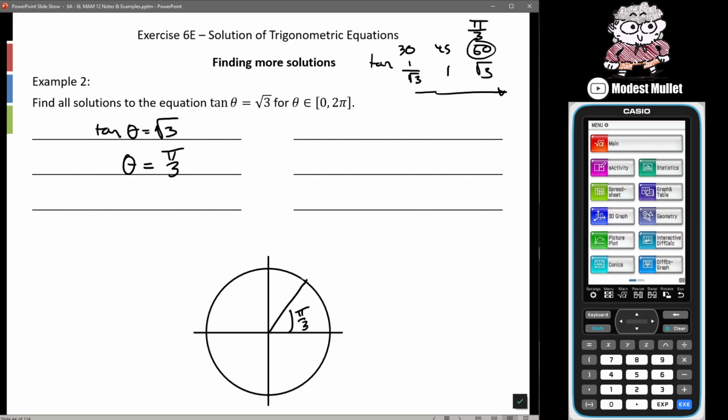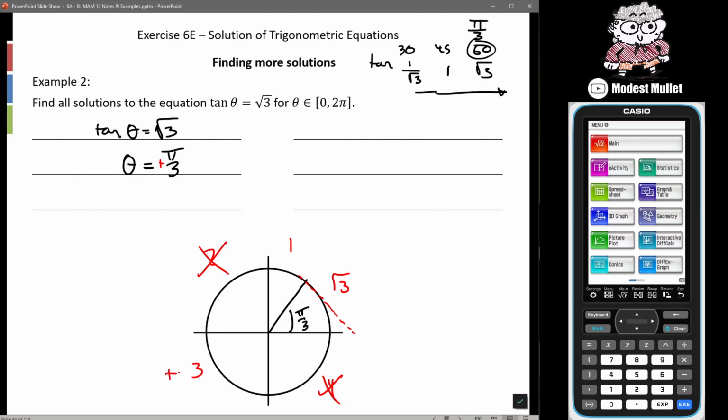Pi on 3 gives me a tangent of root 3. That's my first solution. That was our first quadrant, and we can have solutions in the second, the third, and the fourth. Now we need positive, so that rules out the second, and that rules out the fourth for tan.